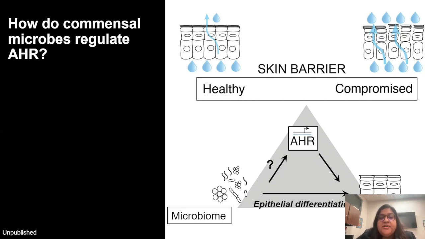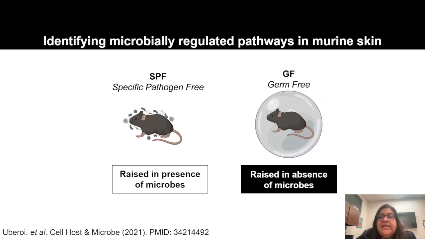So, this work started out with the fundamental question: what exactly are the microbially regulated pathways in murine skin? And this was done because I wanted to understand exactly what the functional contributions of the commensal microbes are.